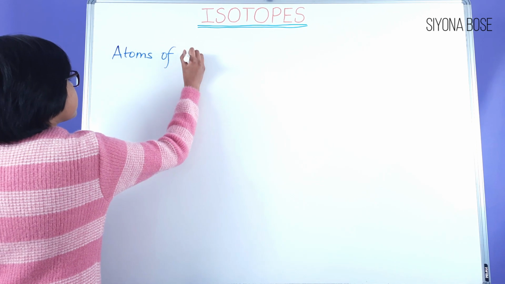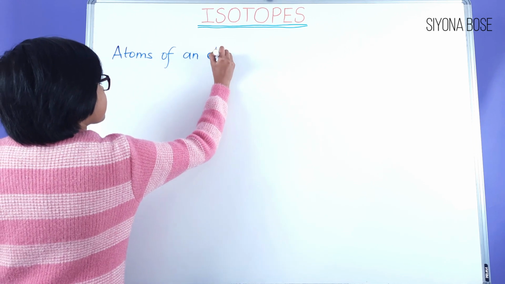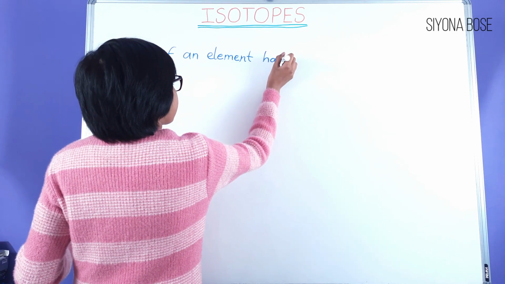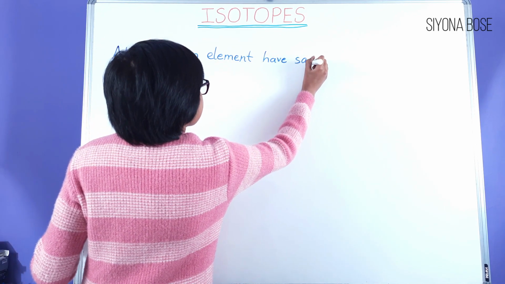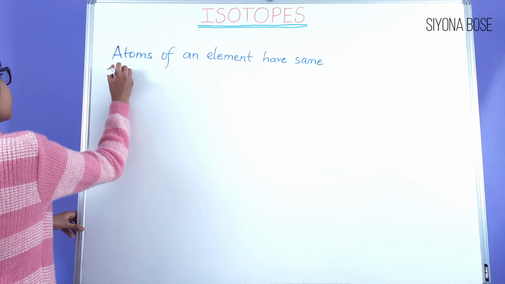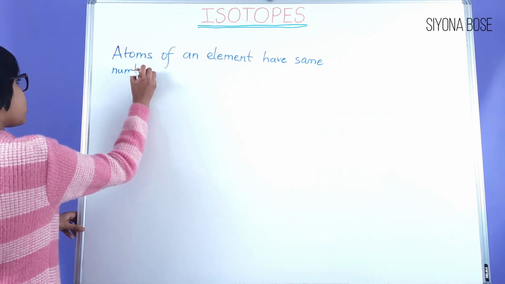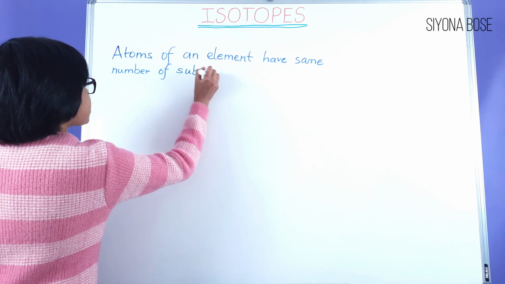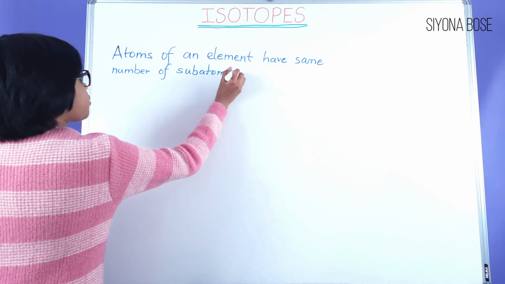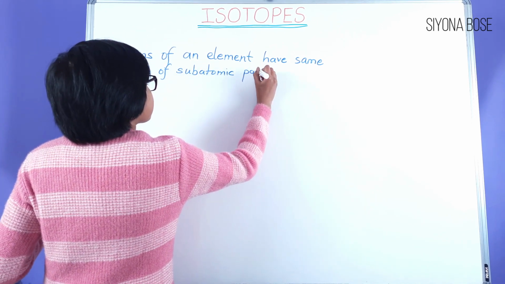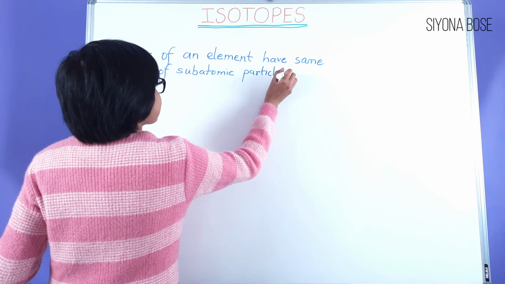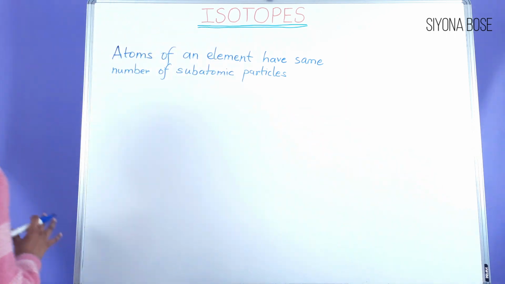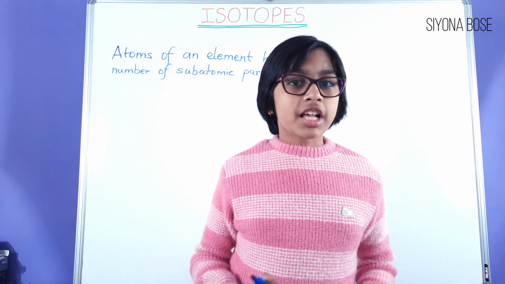Atoms of an element have the same number of subatomic particles, but sometimes some atoms of an element differ.